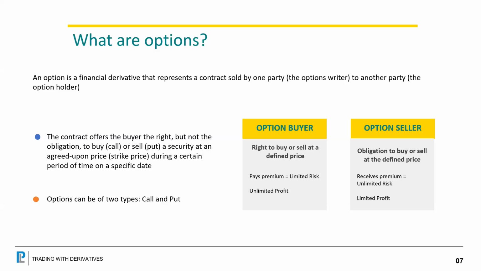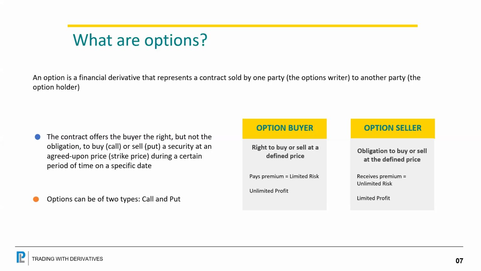So option buyers are those who pay the premium, like I was saying, 60 rupees premium for the 2100 call strike for Reliance. The person who buys is the option buyer. The benefit is that whatever we pay is the only risk. The 30,000 that I was supposed to invest in Reliance, now for the 2100 call strike at 60 rupees, is my limited risk.